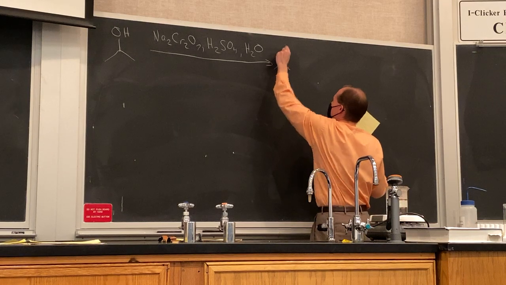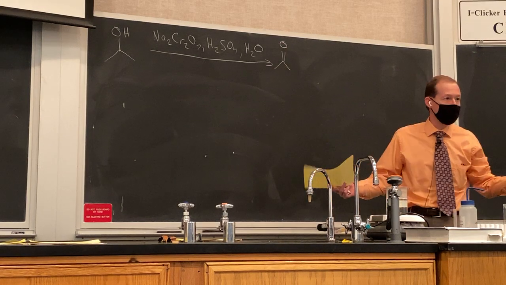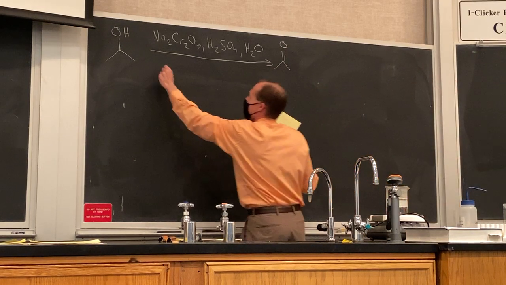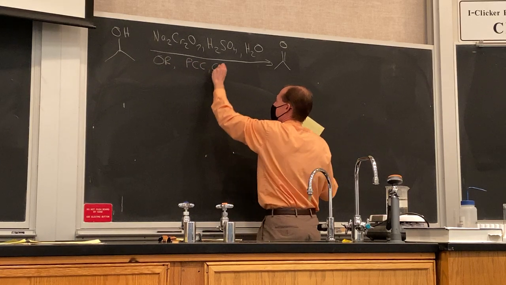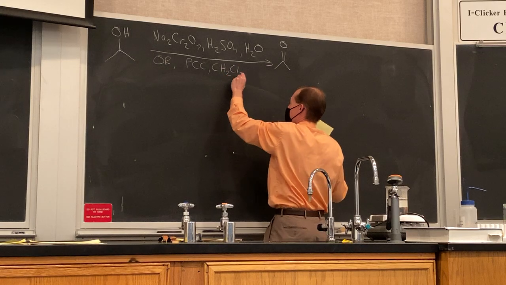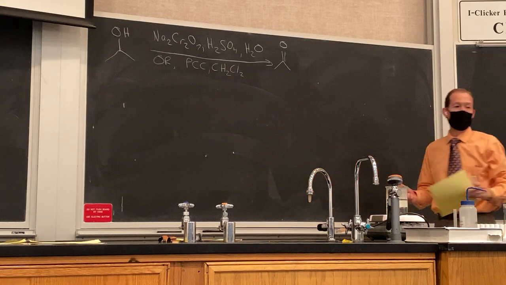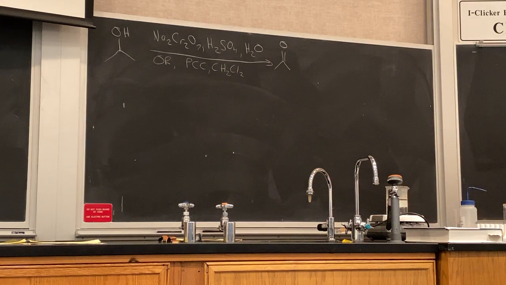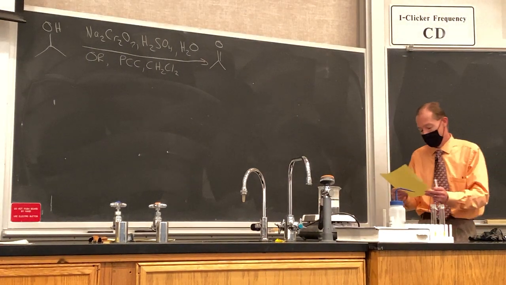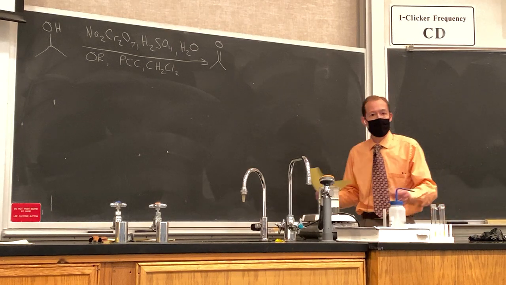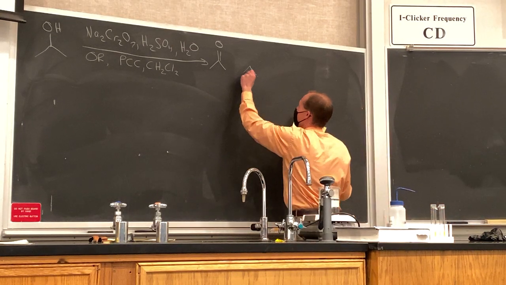That would give us our ketone, acetone in this particular case, or we could use PCC with dichloromethane as the solvent, and we would have the same outcome, the same product of that oxidation. Okay? So before we show you the mechanism of oxidation, we'll just show you a general outline of what happens when we oxidize an alcohol.